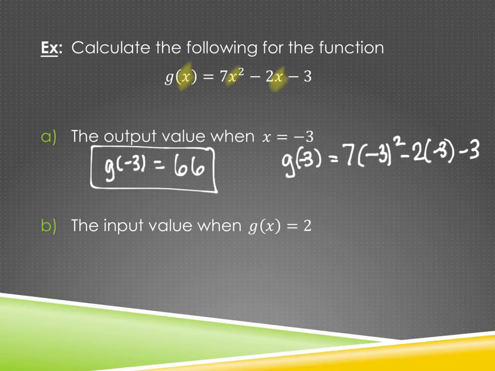Well, they're actually telling you that the g of x over here, all of this, everything, not just the x, but everything is actually 2. So on this problem, you have 2, and it equals 7x squared minus 2x minus 3.